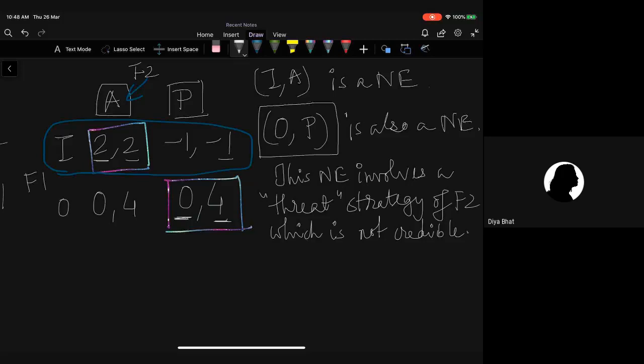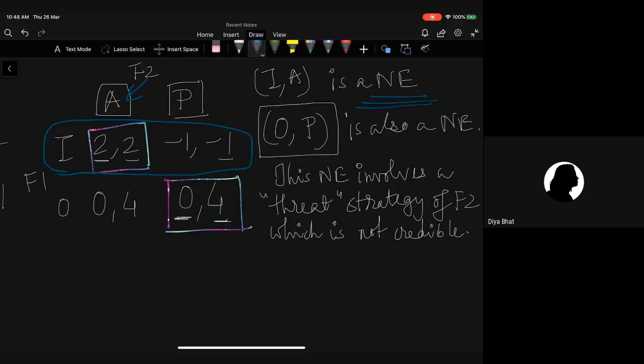Okay, which means that basically if firm 1 enters, firm 2 would actually not choose P, right? It would choose A instead. Now, given that we know this, we sort of understand that this concept of Nash equilibrium may not always give us the right pair of strategies as equilibrium strategies in games that are sequential move games.